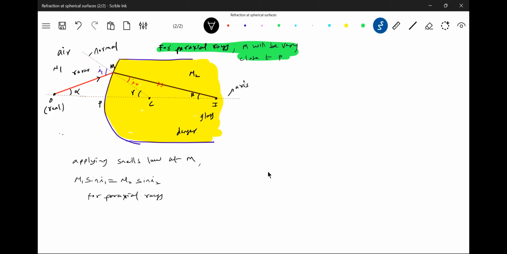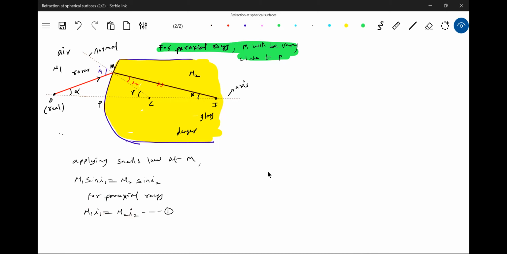Due to paraxial rays, we can do this approximation: mu1 I1 equals mu2 I2, since sin I1 will become I1 and sin I2 will become I2. This is one equation, we'll write it.